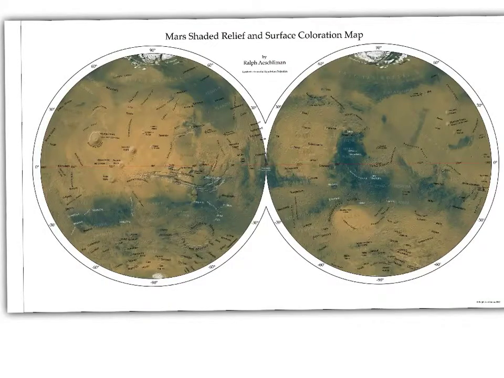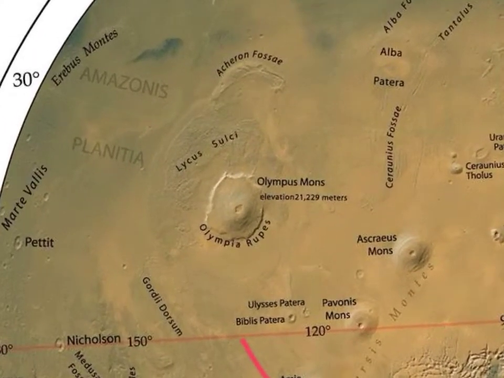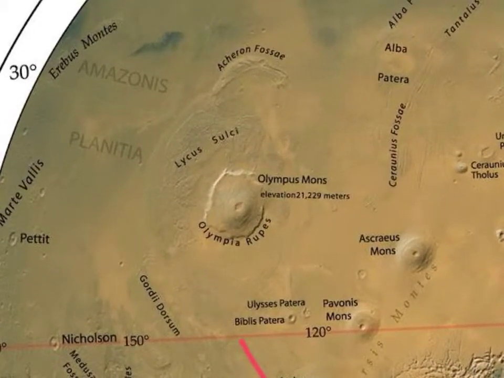So here's another map. This is a shaded relief and surface coloration map. If we zoom in here and look at Olympus Mons, how is the shaded relief handled?